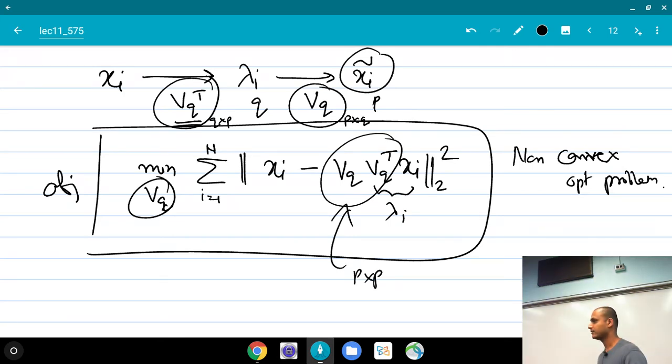It's not identity, for sure. Yes, it is a square matrix. Of course, it has to be square, since it's going from a p-dimensional vector to a p-dimensional vector. Yes, the columns of VQ are orthogonal, but it's not identity because P is not equal to Q. If P is equal to Q, yes, it is identity. I just gave you that example.